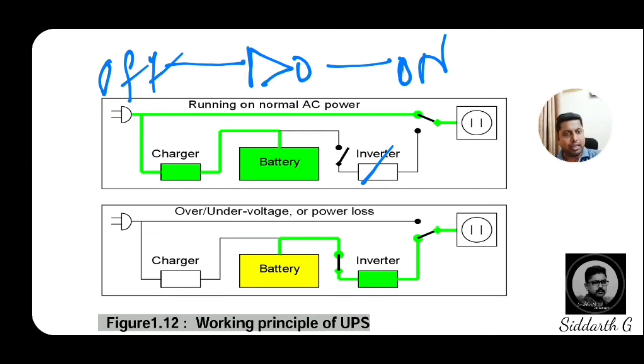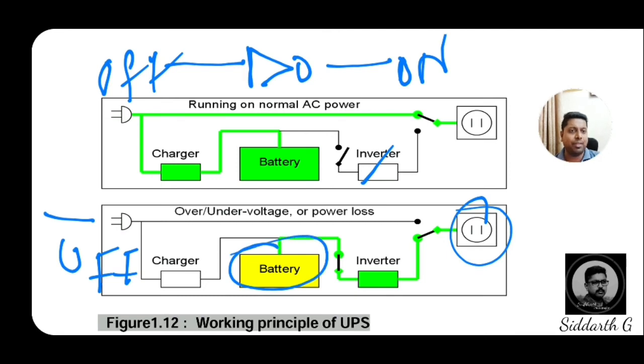Automatically, when the power goes off to the computer, the inverter turns on and produces power with the help of the battery. Now the power is off, power is not coming, but power is still coming to the device. How? With the help of the battery. At that time the inverter will automatically be on.